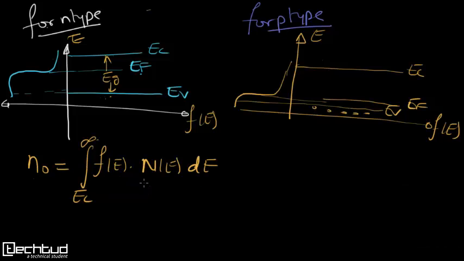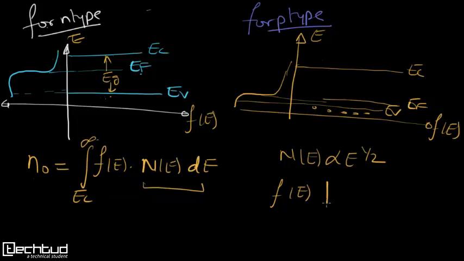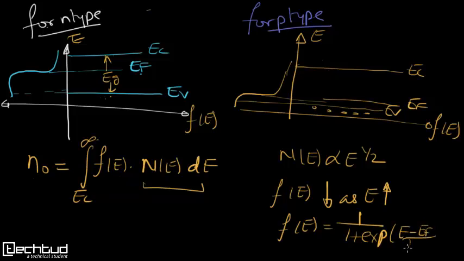This is showing you the density of states per centimeter cube in the energy range dE. One more thing we should remember: the density of states is proportional to E to the power of 1 by 2. But we know that Fe decreases as E increases, because Fe is given by 1 by 1 plus exponential E minus Ef by kT.